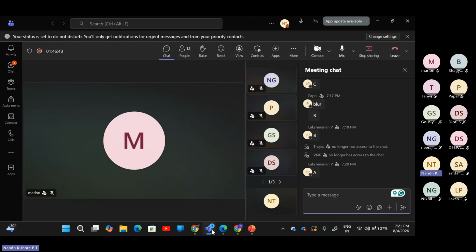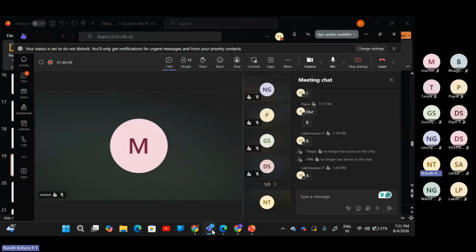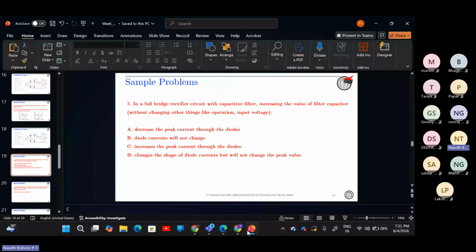Okay, so option A is decreases the peak current through the diodes. So why would it decrease the peak current through the diode? You can type, no problem. So everyone please see question number 7.